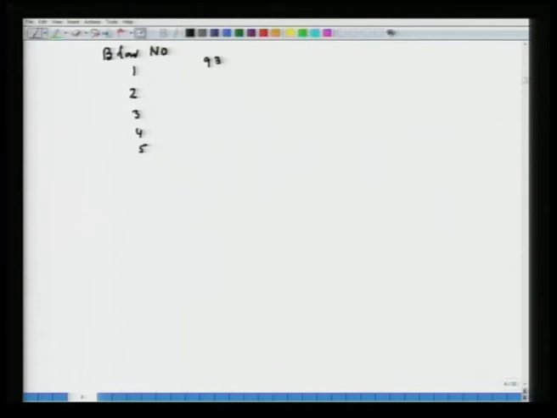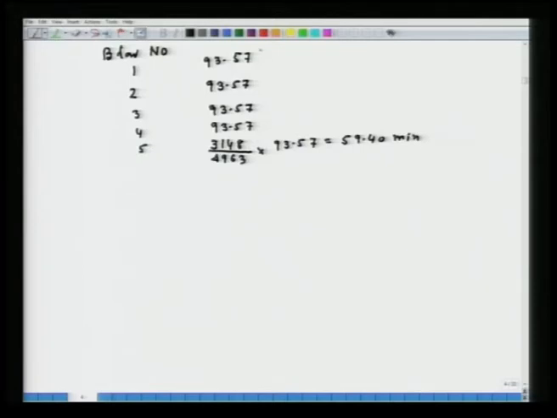All the blows will require 93.57, first blow, second blow also 93.57, third blow also 93.57, fourth blow also 93.57, but the last blow will require 3148 upon 4963 into 93.57. So, that will be equal to 59.40 minutes. Mind you, these are all in minutes.